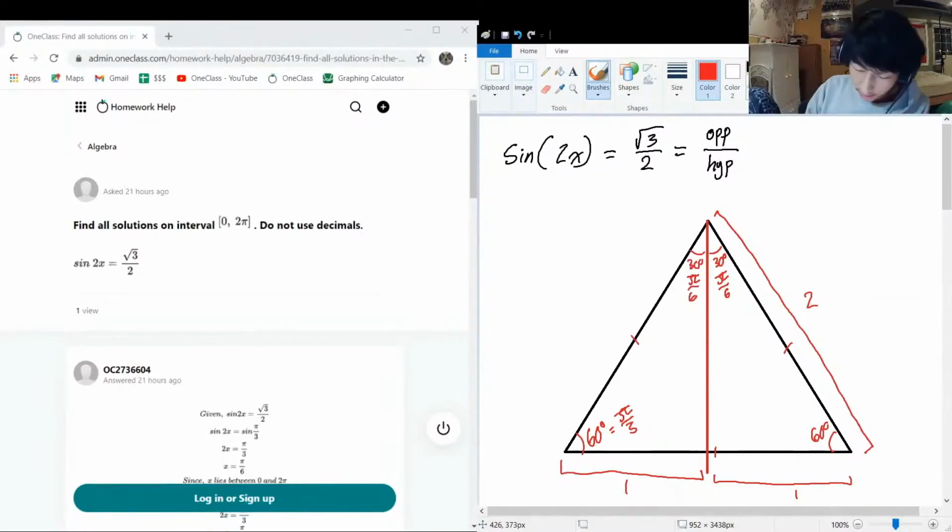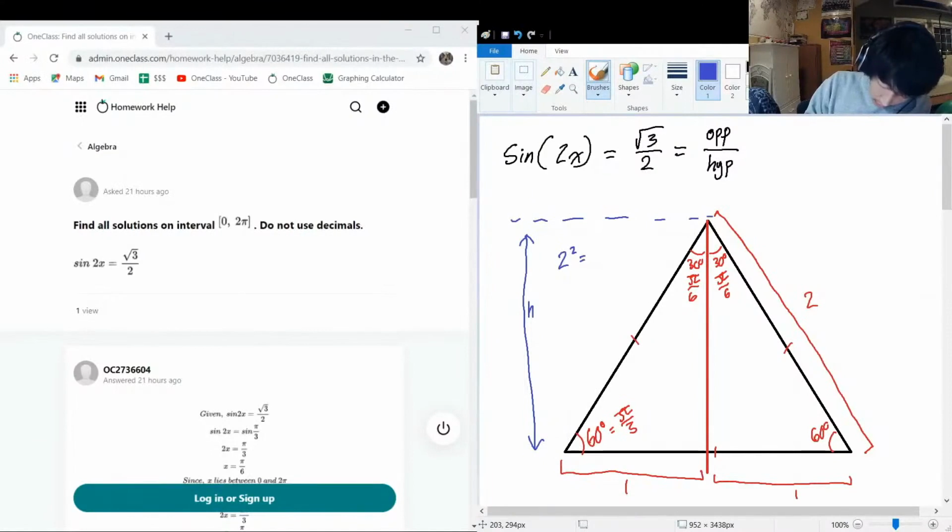Radian and degree conversions are really important, so hopefully you recognize that you can go back and forth between them comfortably. Now let's figure out the height here. Let's call this h, and we know that 2 squared equals h squared plus 1 squared.